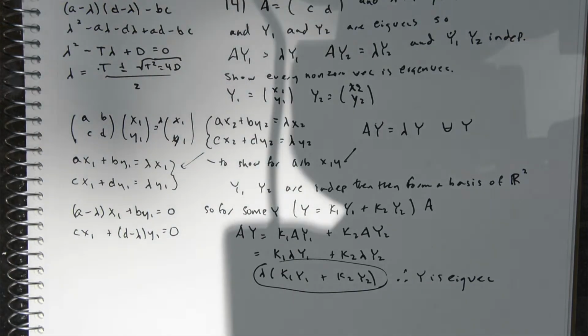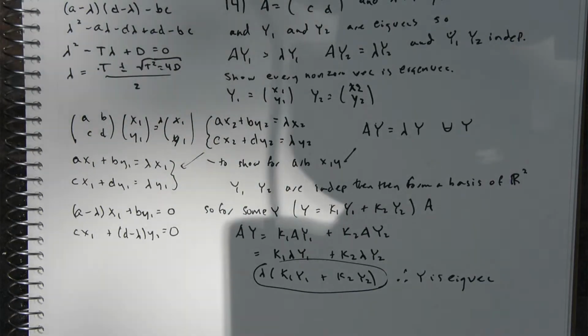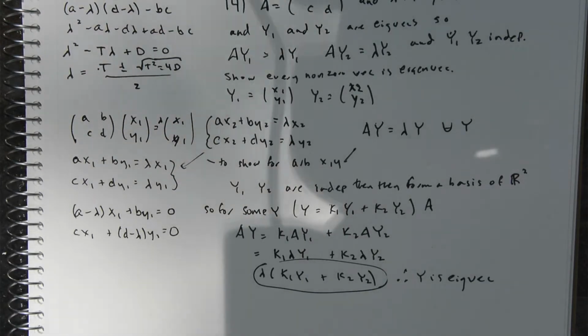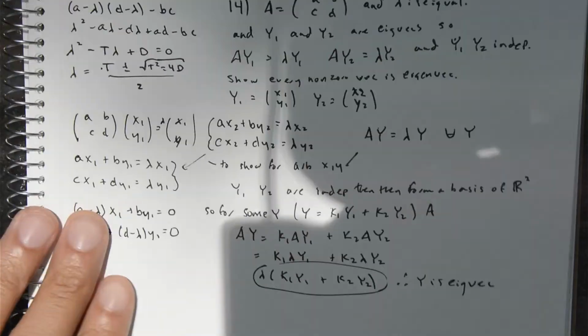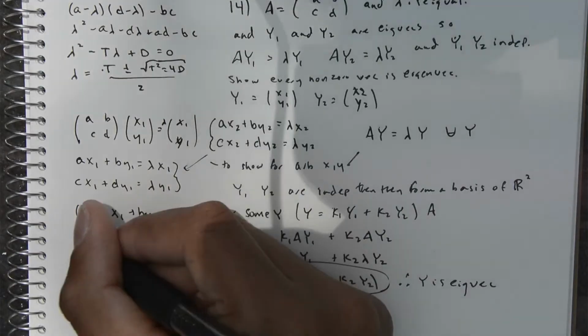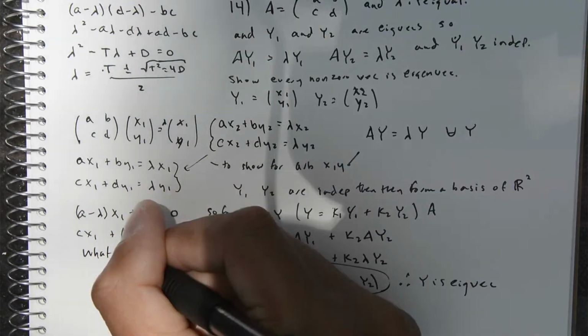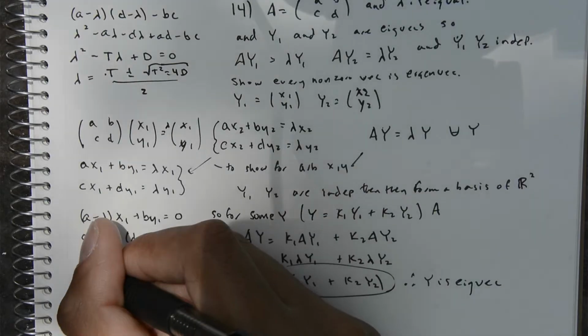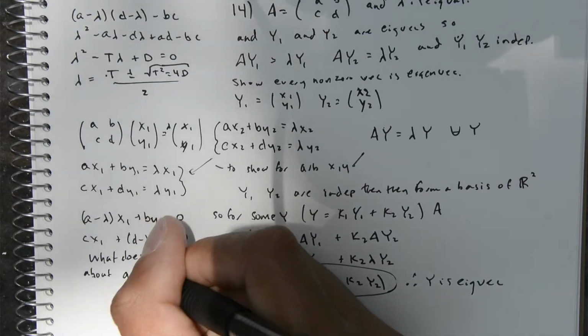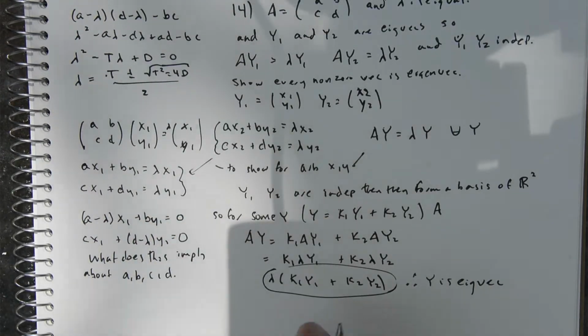All right, and now the last part of this is, what does this imply about A, B, C, and D? That part I don't know. What does this imply about A, B, C, D?